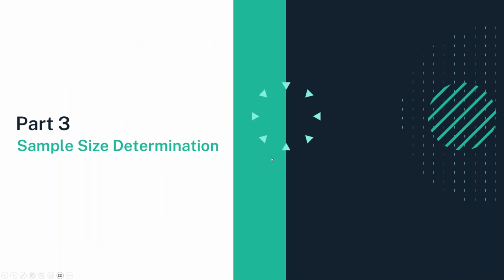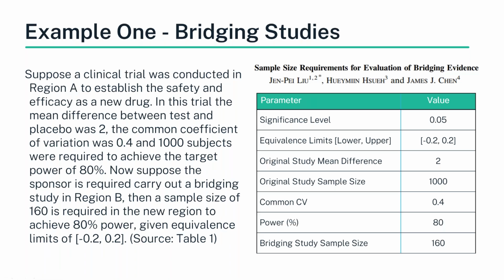And I'll pick back up with the PMDA methods there in a second, but obviously we've had a lot of talk about regulations and things like that. So what we'll do is we'll actually start this section with just a worked example for a sample size calculation in a bridging study.